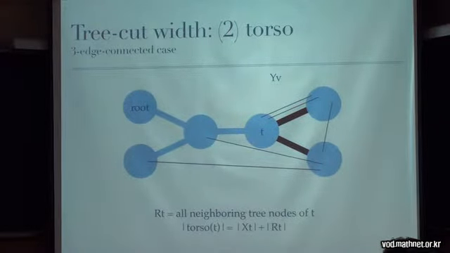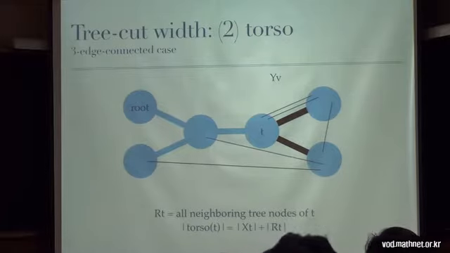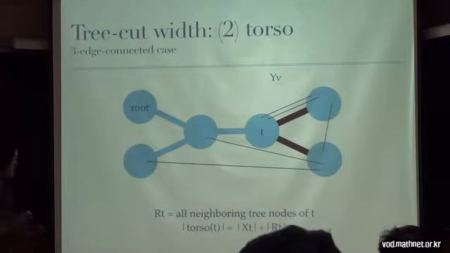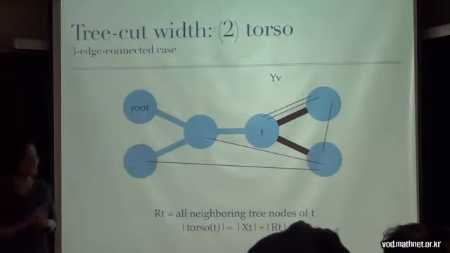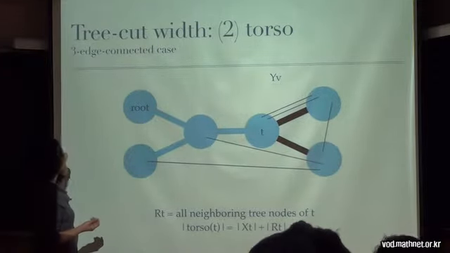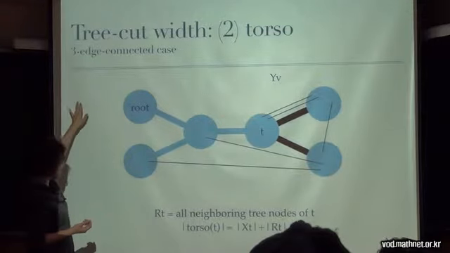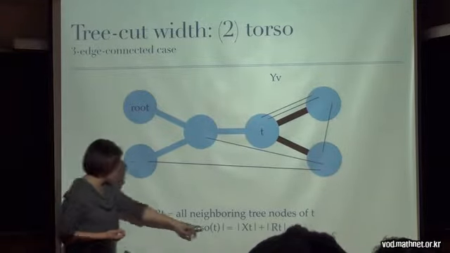I changed this slightly, but it may still be a bit strange. Okay, so suppose that G is a 3-edge-connected graph. Actually, there was a small mistake in the presentation that I gave at KIAS. Well, it's almost true, but it's exactly true when the graph is 3-edge-connected.